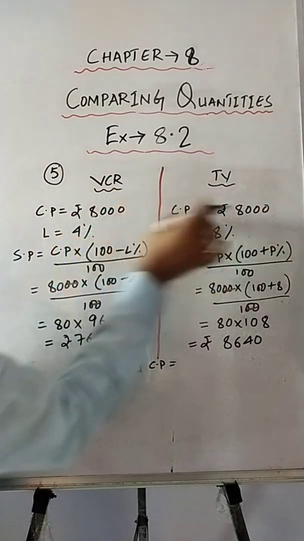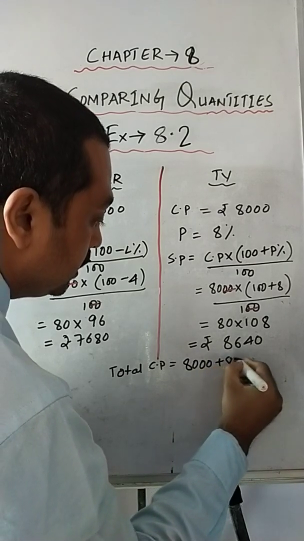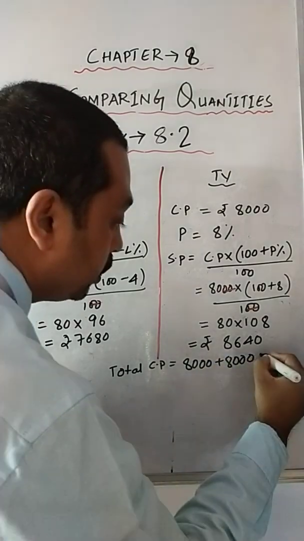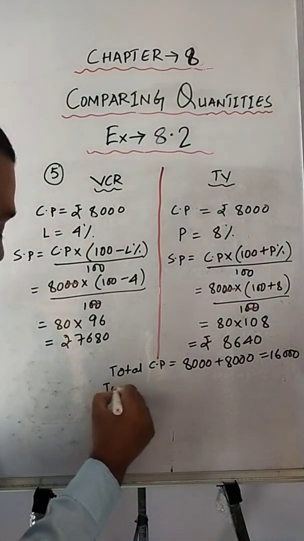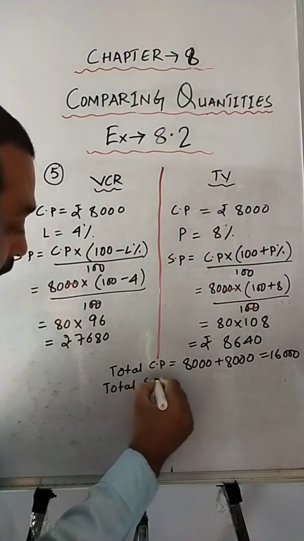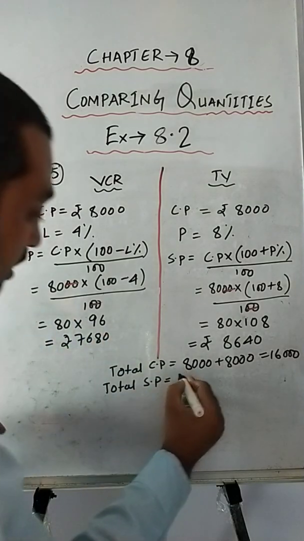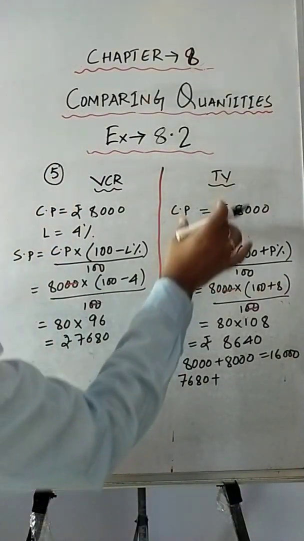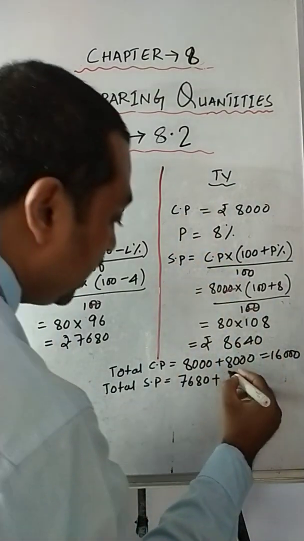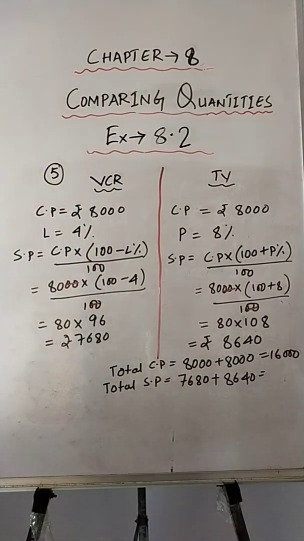That would be 8,000 plus 8,000, and that would be what? 16,000, isn't it? And similarly, we will find total SP. So what is total SP? The SP of VCR is 7680 and SP of TV is 8640, and this will give us what?